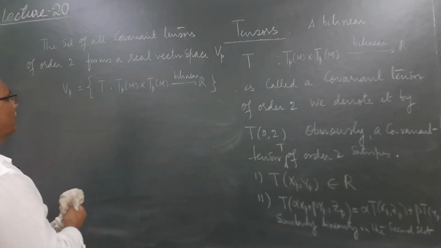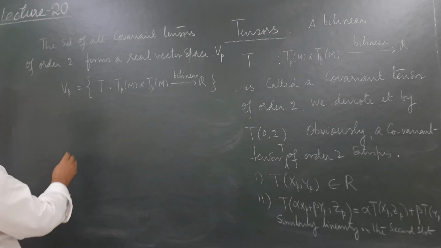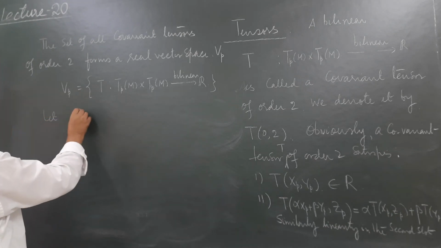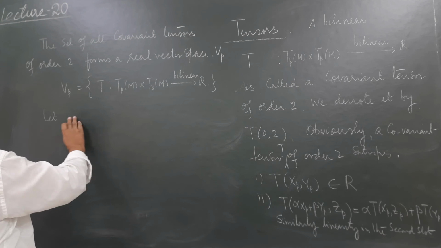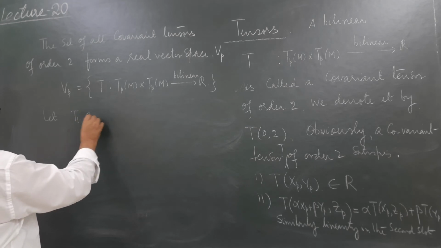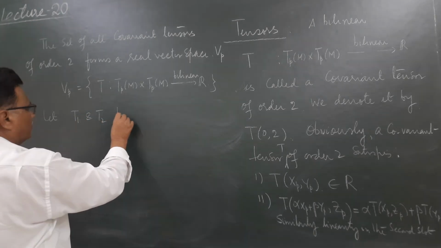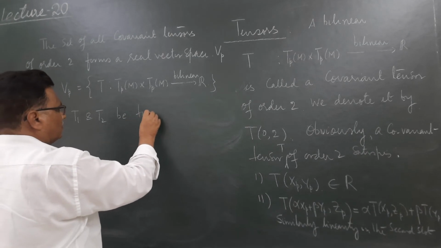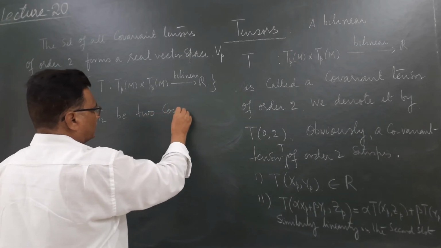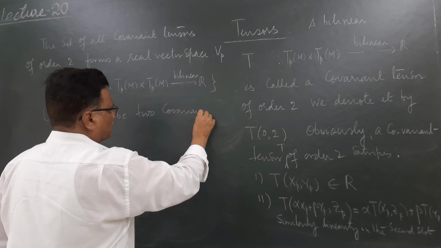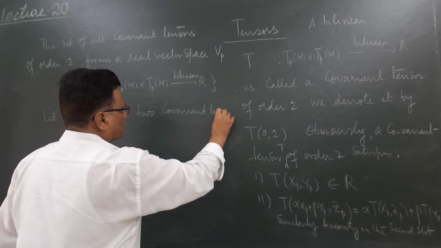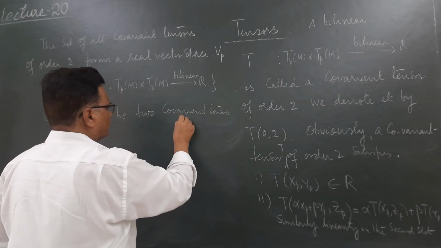Suppose I have 2 covariant tensors. Let T1 and T2 be 2 covariant tensors of order 2, of course.